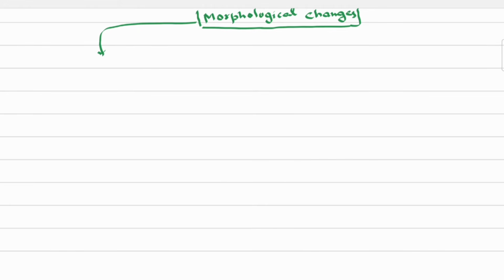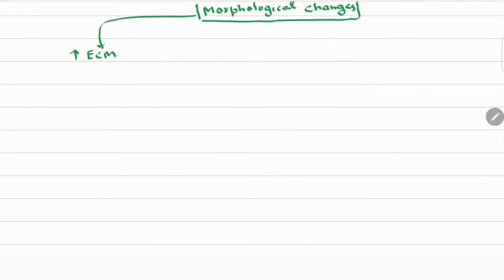Now coming to the morphological changes that are induced upon activation of ITO cells. First is increased extracellular matrix production, and second is obliteration of space of Disse.